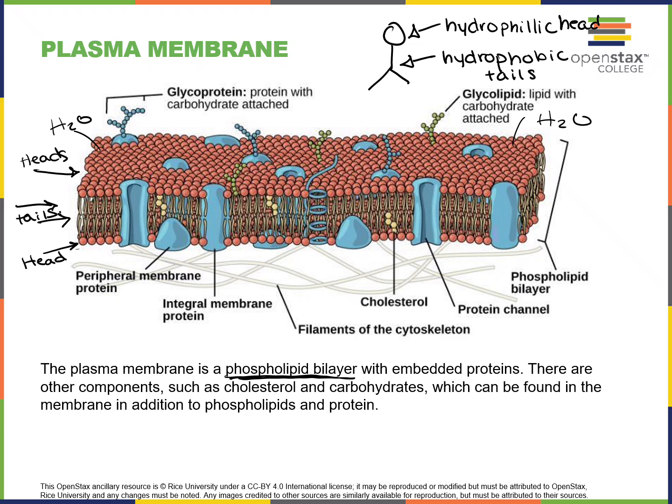Okay. There are other things in your plasma membrane like cholesterol, carbohydrates, other proteins, things like that. You can also get some finger-like projections called microvilli, which helps to increase surface area, and that's important in places like the stomach, the intestines, things like that.